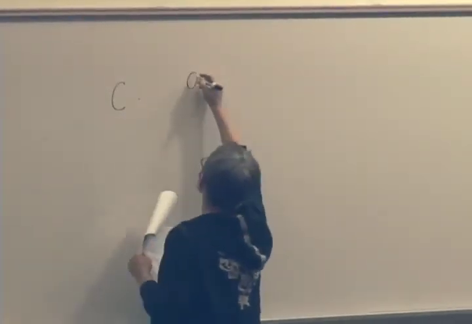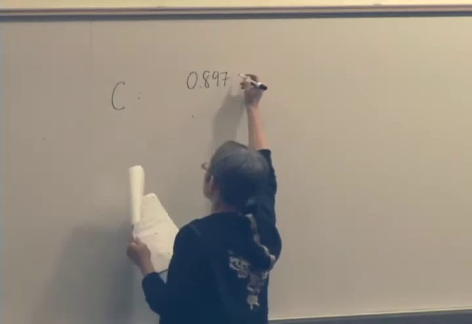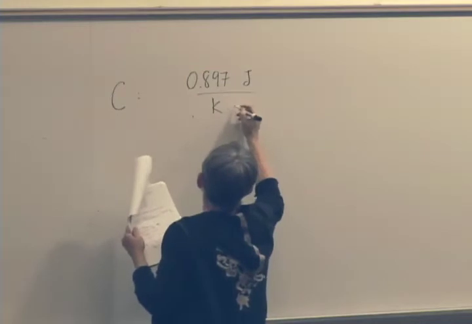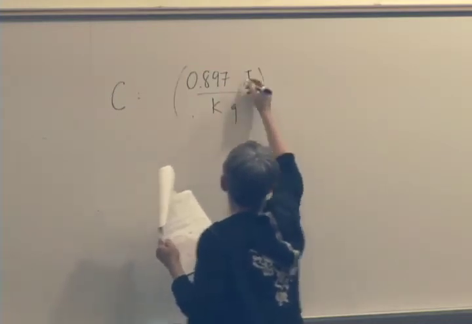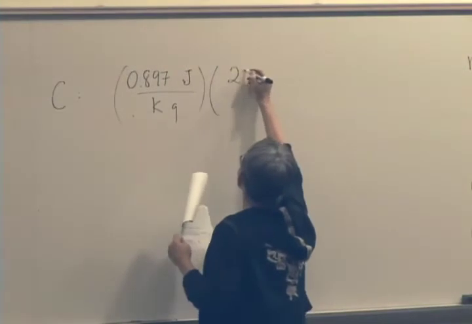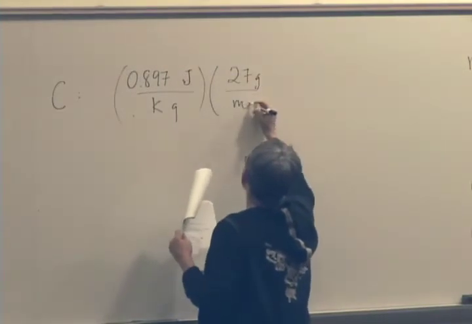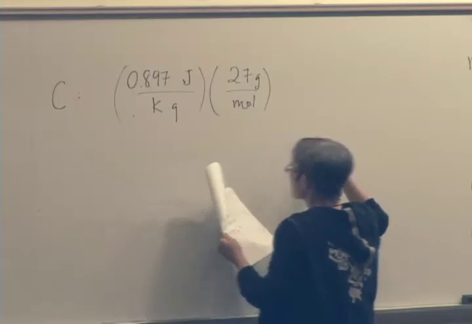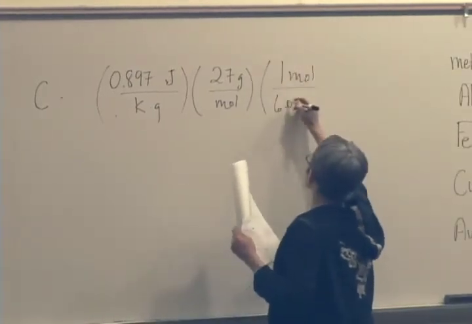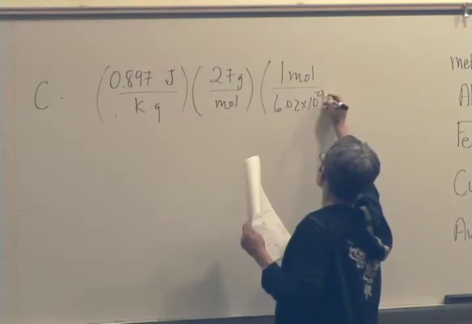So we've got 0.897 joules per Kelvin gram. That's the specific heat capacity. And then we've got 27 grams per mole. And we've got 1 mole, or 6.02 times 10 to the 23rd atoms.